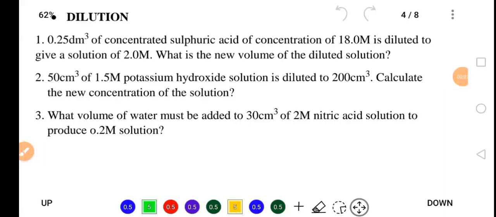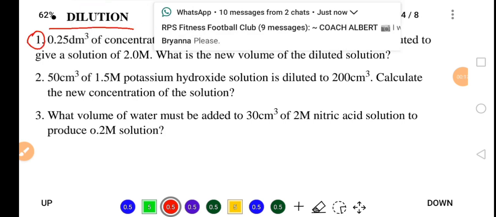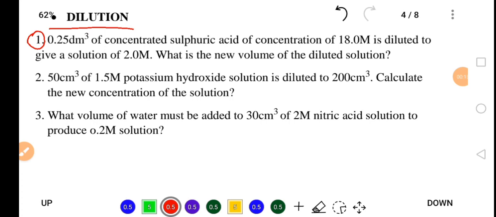Okay, so let us do some calculations on dilution now. First question. 0.25 decimeter cubic of concentrated sulfuric acid of concentration 18.0 molar is diluted to give a solution of 2 molar.